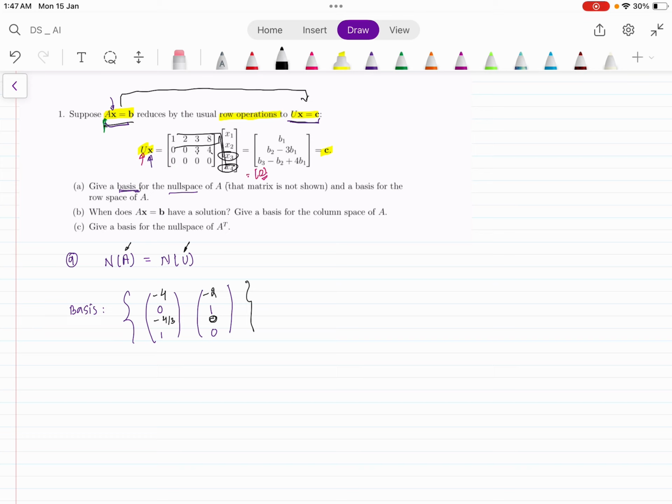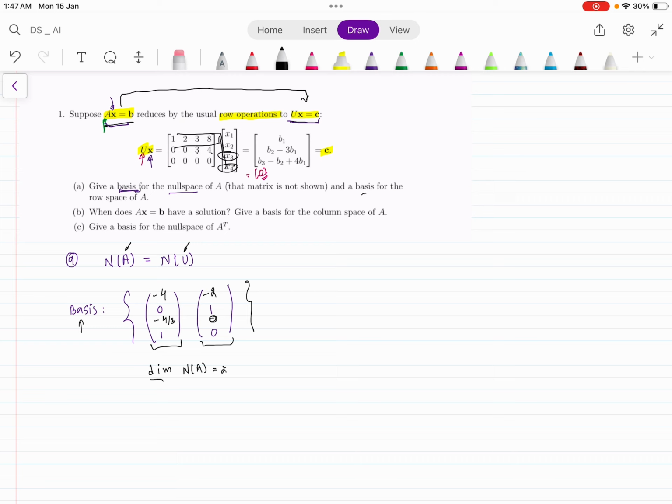So we have found the basis of the null space of matrix A. And what's the dimension of the null space of A? The dimension of the null space of A is 2, because we have two vectors in our basis set, right? And it will be the same as the dimension for U.